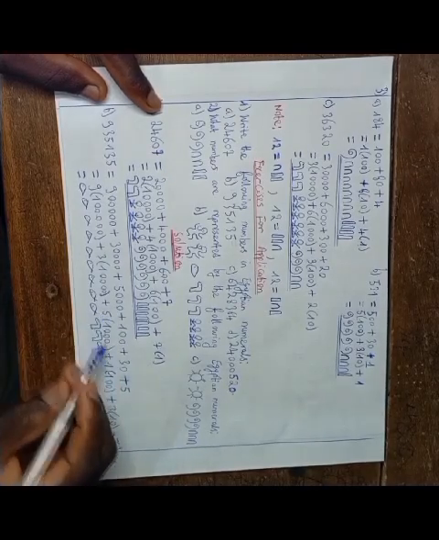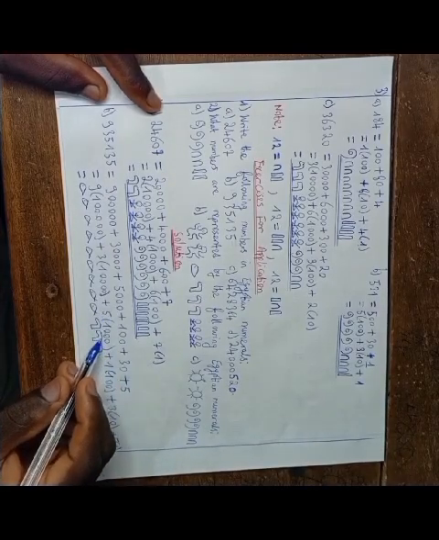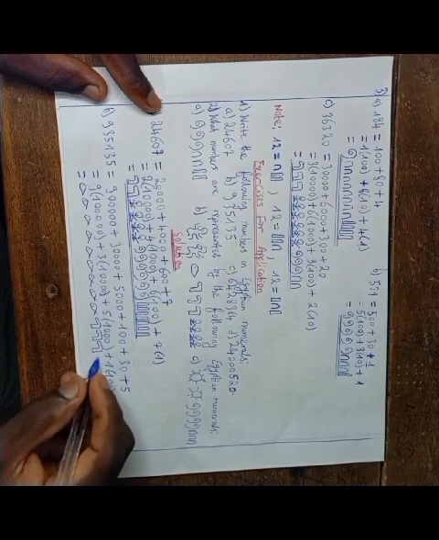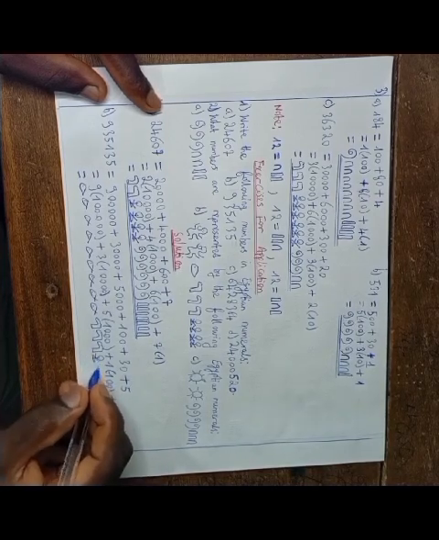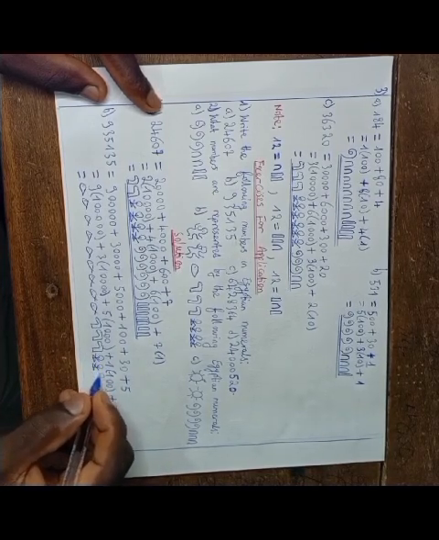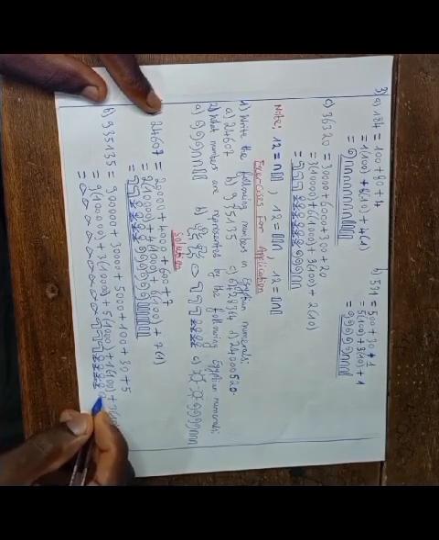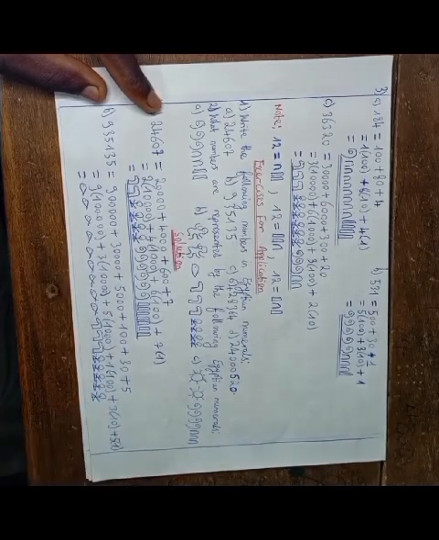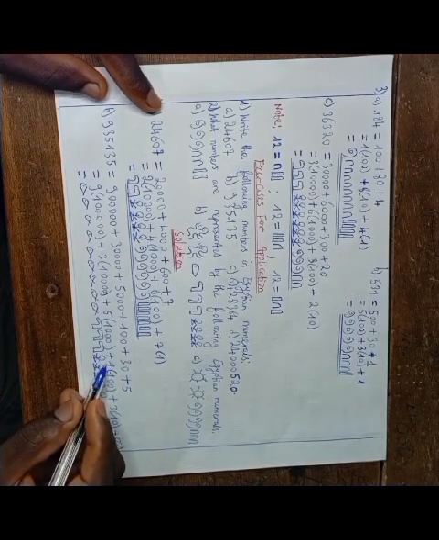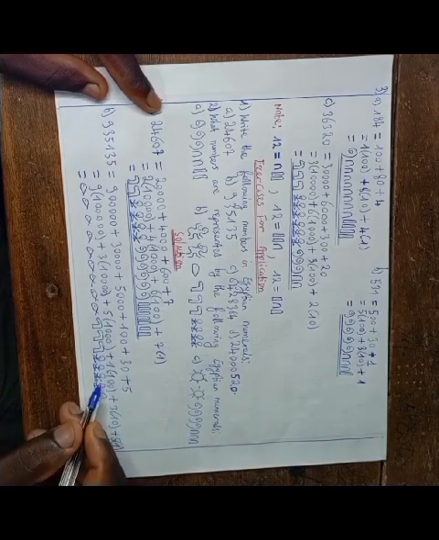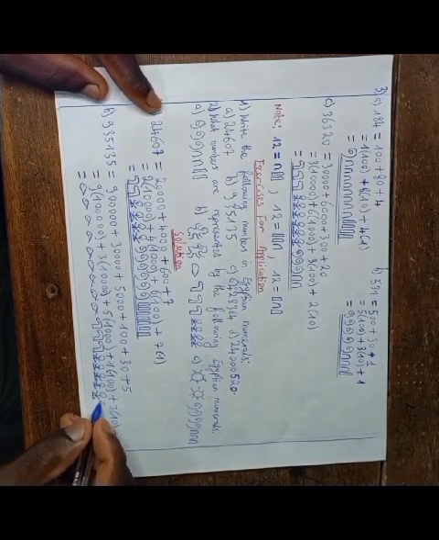5 here simply means we have to write down 5 symbols of 1,000. So 5 sunflowers. 1, 2, 3, 4, 5. 1 here simply means we have to write down one symbol for 100, so 1 spiral.